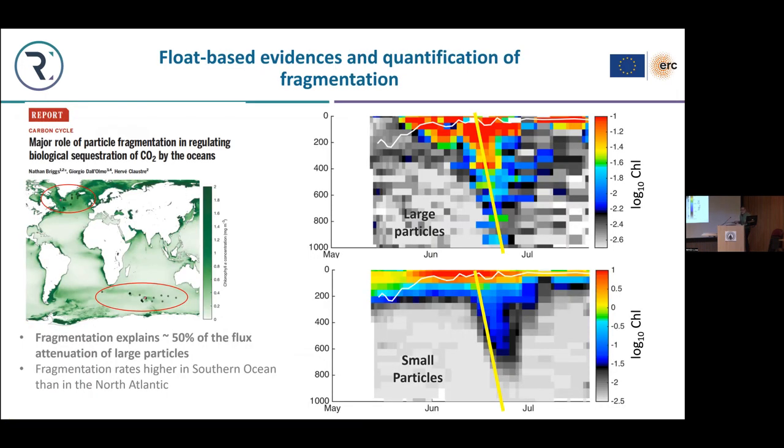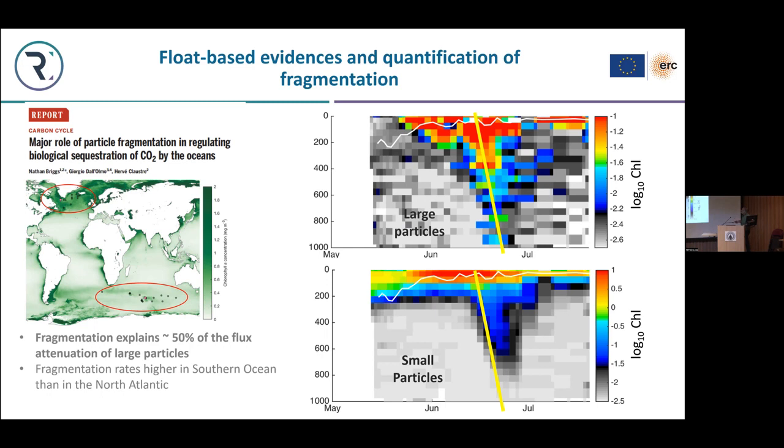Going a little bit more in detail, Nathan used more than 30 bloom events in the North Atlantic and in the Southern Ocean, where he tried to deconvolve the signal of the spikes between large particles and the remaining signal.